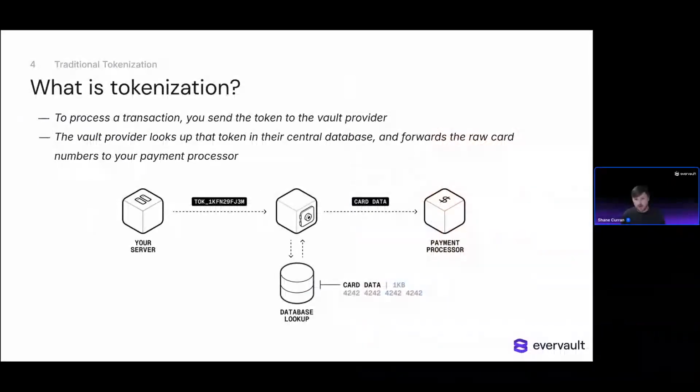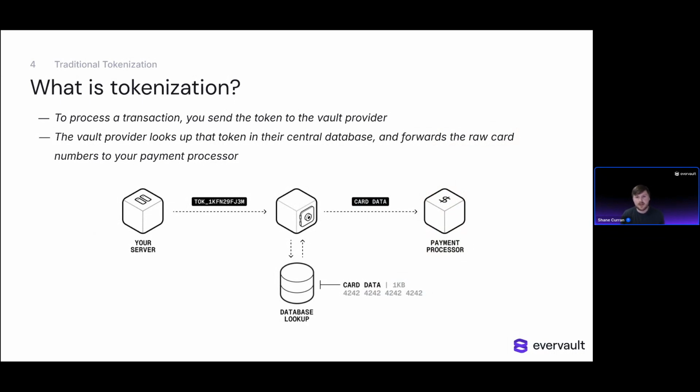How that works with a token vault is you process the transaction initially by taking the token that you've stored in your database. You send it to the token vault provider alongside instructions on what to do with that token once it's been collected. The vault provider searches their database for that token, they retrieve the raw card information, and then they forward that on to the payment processor or any other third party that you might want to send that card data to.